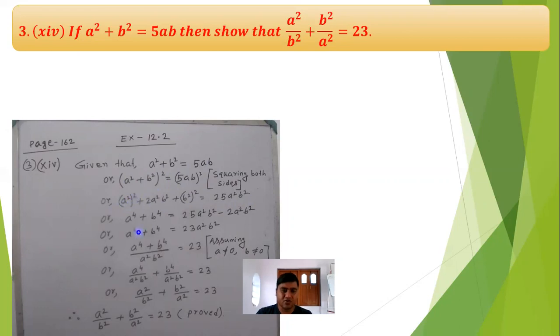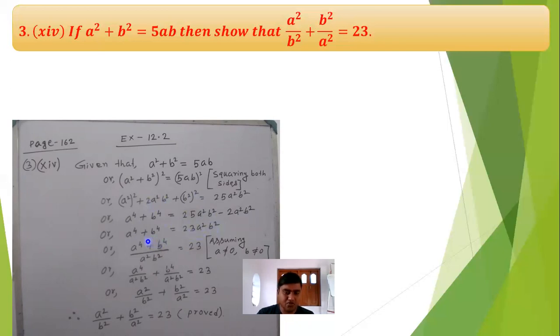A square whole square is a to the power 4, plus b square whole square is b to the power 4, equals 25 a square b square, and plus 2 a square b square goes to the right hand side as minus 2 a square b square, or a to the power 4 plus b to the power 4 equals 23 a square b square.